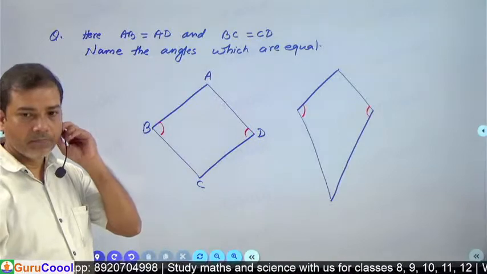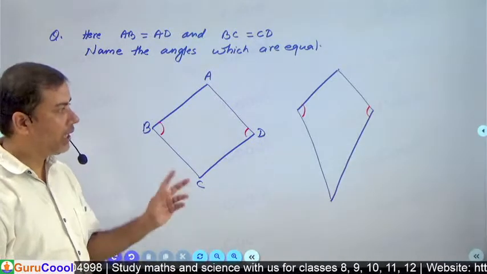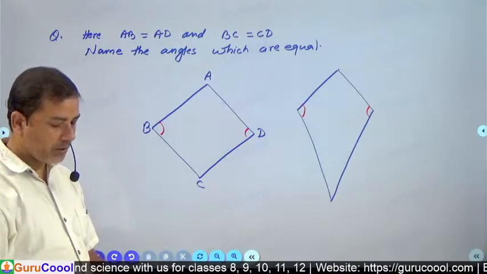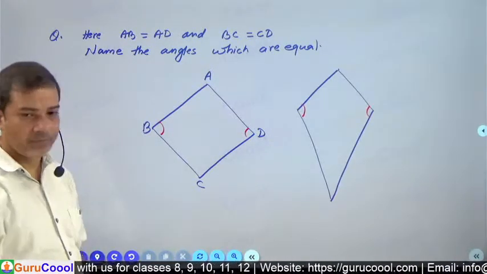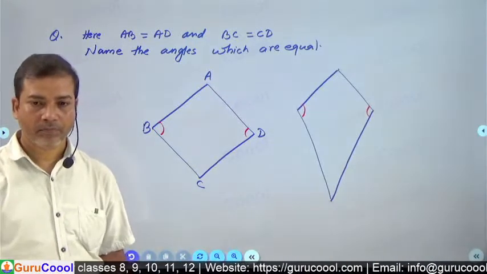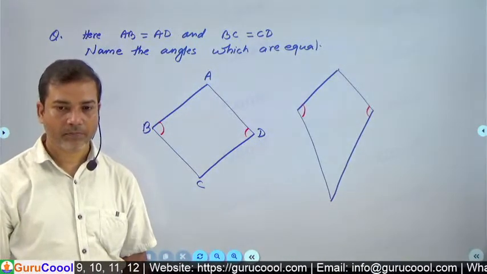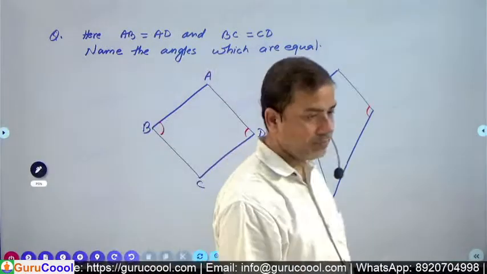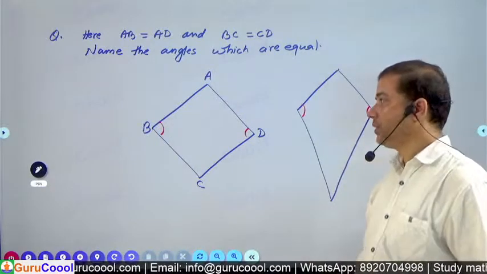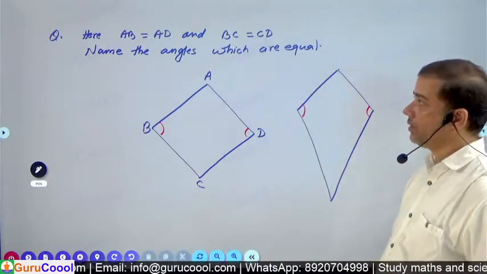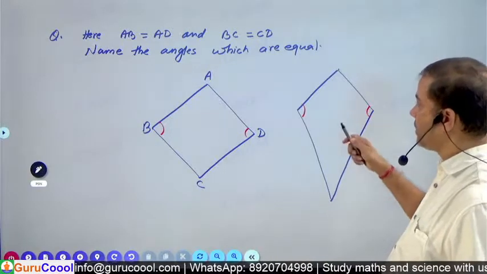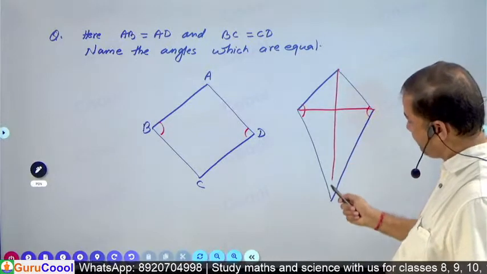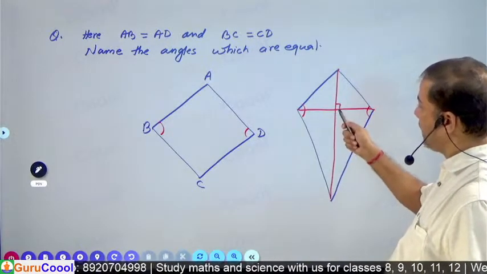And what is the diagonal property of a kite, Anurag? Or David? Diagonal property of kite? You don't remember? Sir, both the diagonals cut each other at 90 degrees. That's right. But you got late telling this. Diagonal property says that if you draw diagonals of kite, they always cut each other at 90 degree.